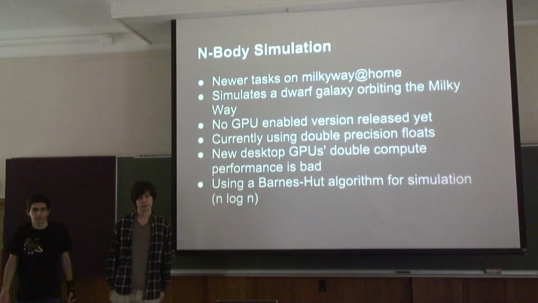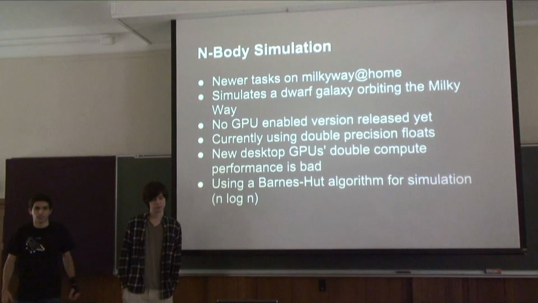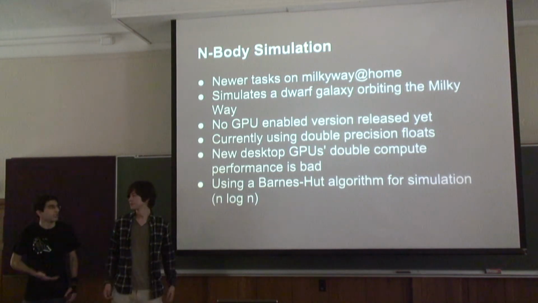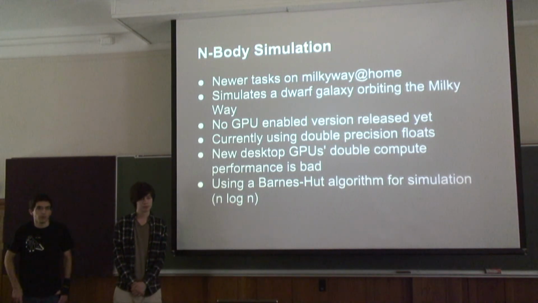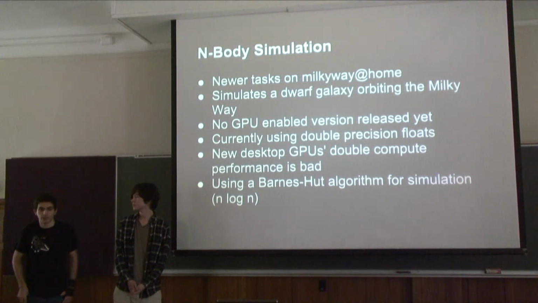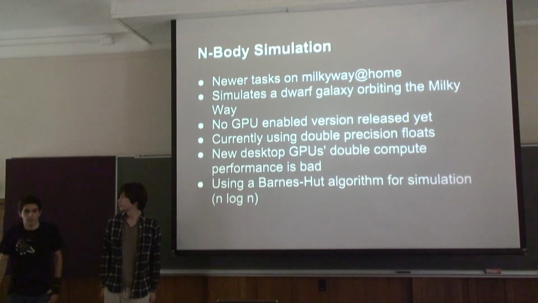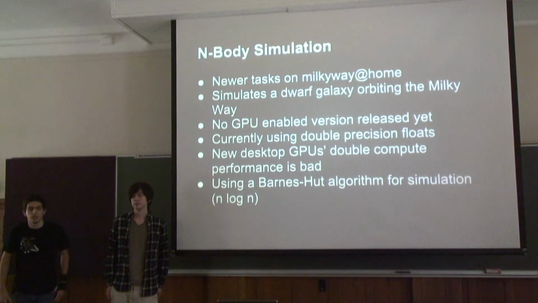We have to find out something else to do with all the computers that are donating time. As I said before, it simulates a dwarf galaxy orbiting the Milky Way, and you can change the number of bodies that you're using to simulate it. Right now, there is a working version that runs on CPUs that's out and currently running on users' computers, and I'm finishing up a GPU implementation of it.